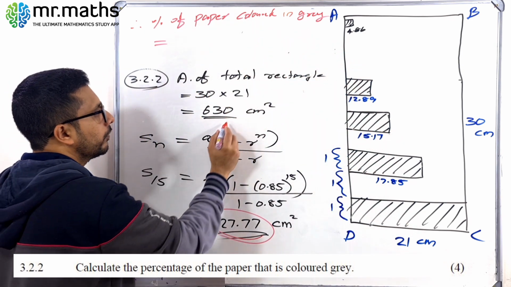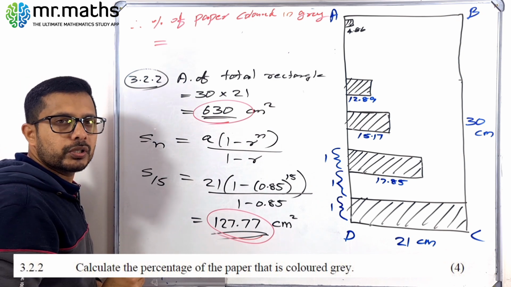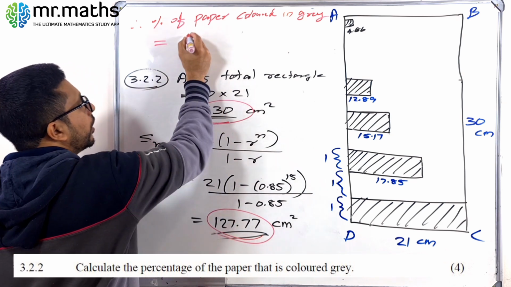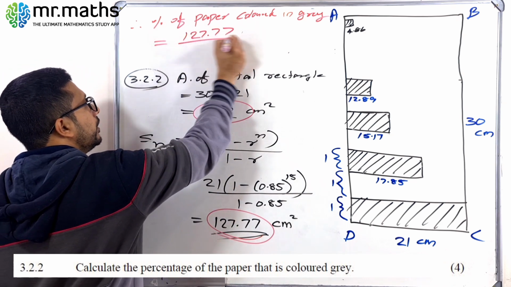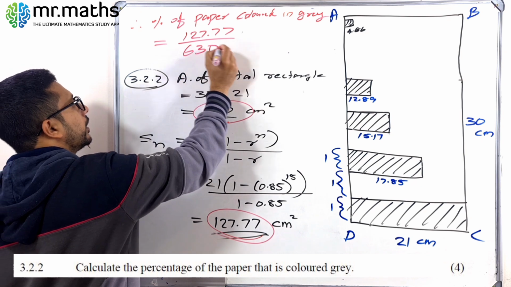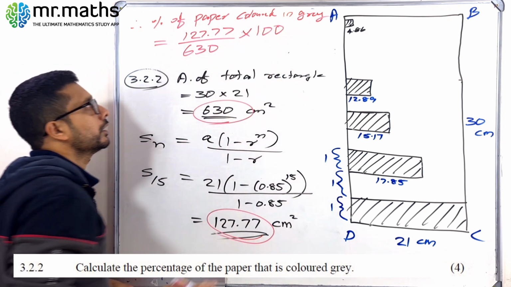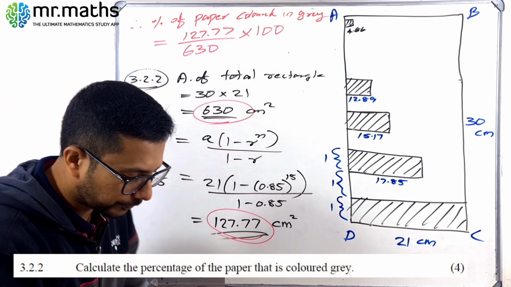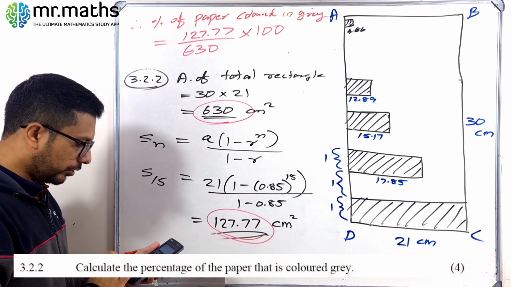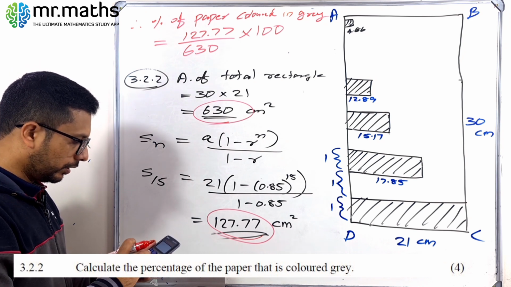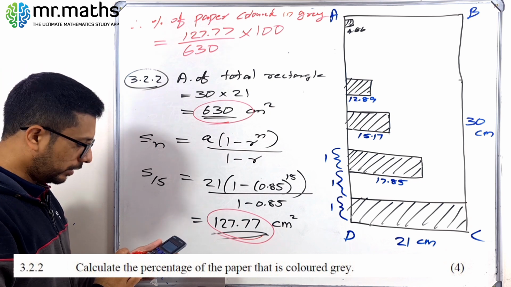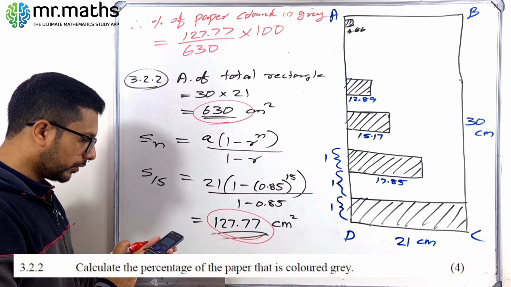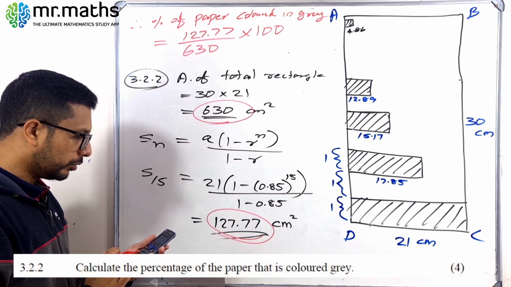Total, what is the area? 630. So how can I find the percentage of the paper colored in gray? 127.77 divided by 630 times 100. Check in your calculator what is the answer for that one. 127.77 divided by 630 times 100 is 20.28.